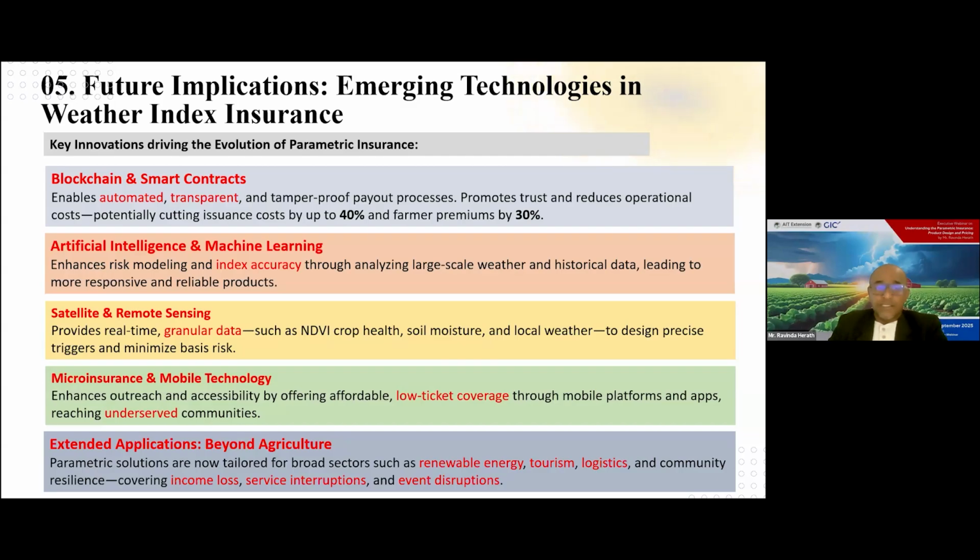And satellite and remote sensing provide for farmer expectations about data granularity and real-time data. We need satellite and remote sensing data in future for more granular data, and the data should be real time in claim calculations, right?